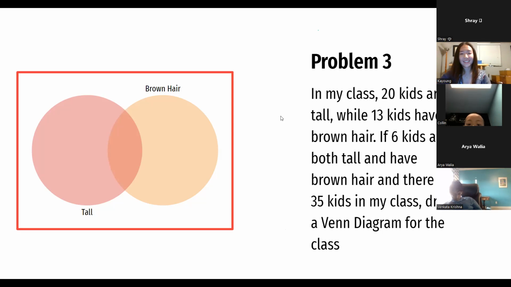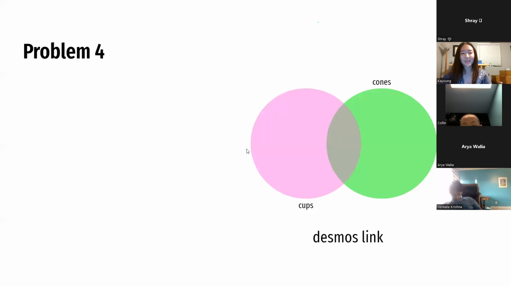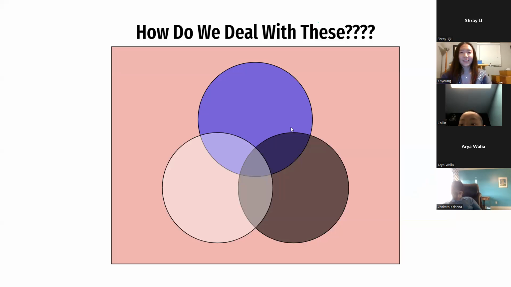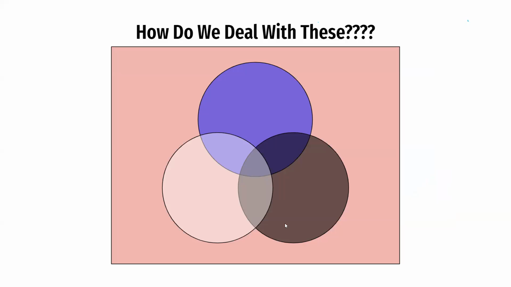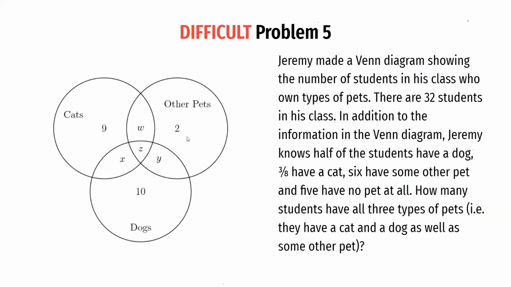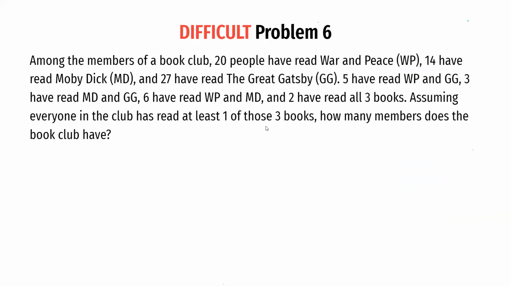Okay, alrighty. I guess you guys are too smart, maybe. Oh, well, this is interesting. I think we're gonna do 1 hard problem, even though we're gonna do the Kahoot, because if we didn't do all the hard problems, that would be kind of sad. So basically, we're gonna do this problem because in my opinion, out of difficult problem 5 and difficult problem 6, this one is a little more easy.